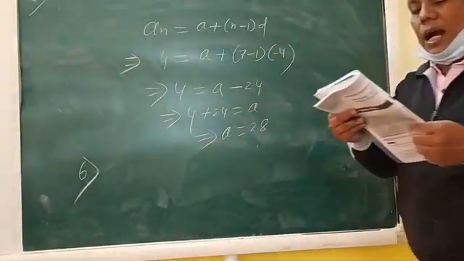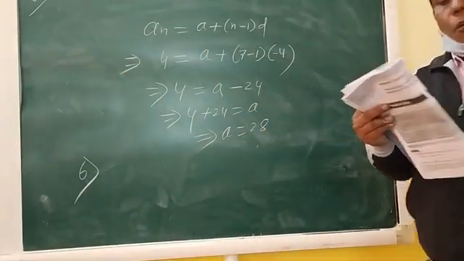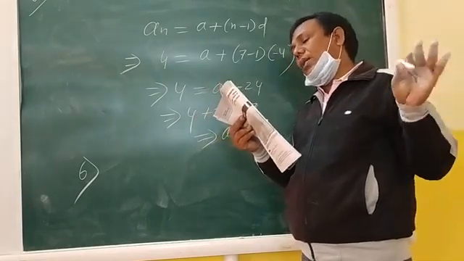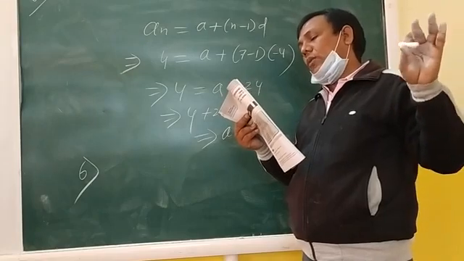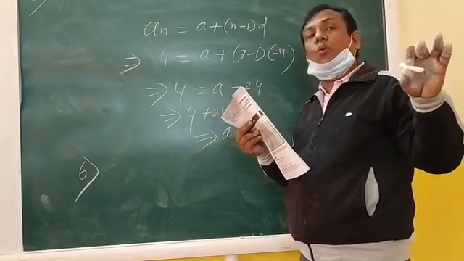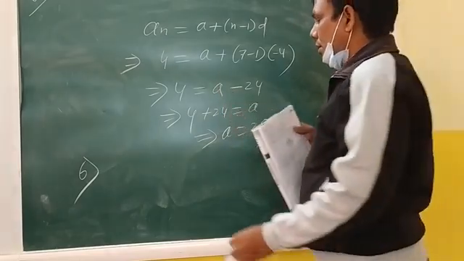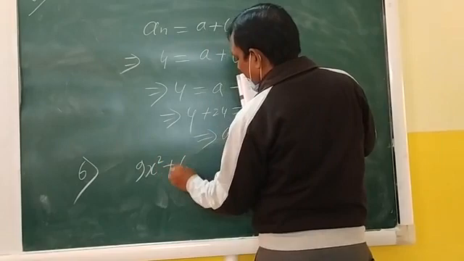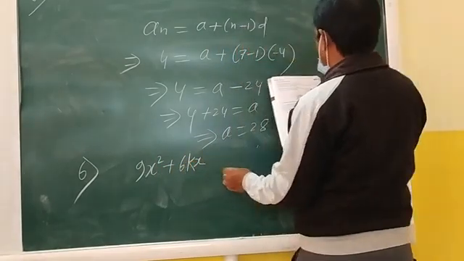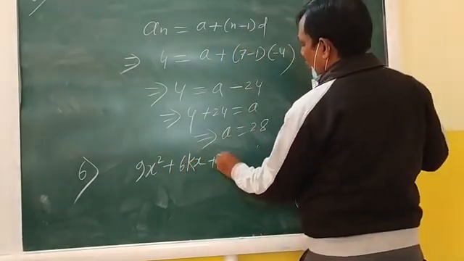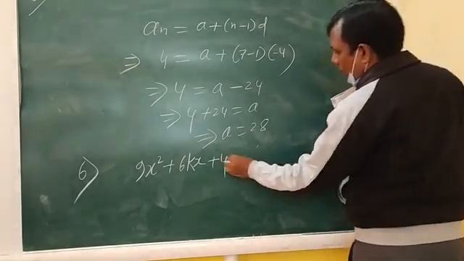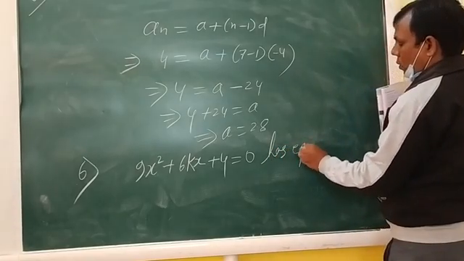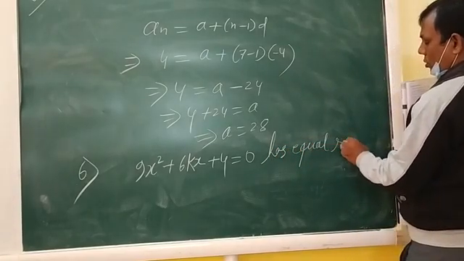See question number 6. For what values of k does the quadratic equation 9x square plus 6kx plus 4 equal to 0 have equal roots?